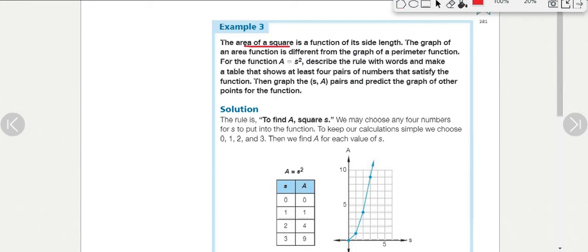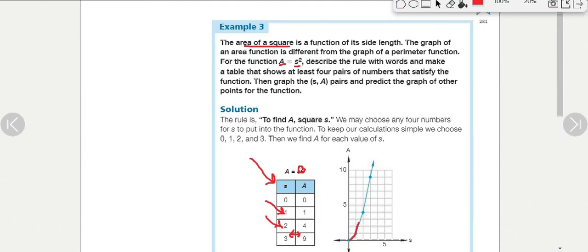Area of a square. Pretty much any formula, any area formula is a function. Area is side squared, right? The rule with words means that you take a side and you square it to find A. You can do a t-chart, right? If you do 0, then you're going to have 0 for an area. 1 is 1, but then it starts to really take off and the gap between numbers increases, it accelerates, because when you have a square, you usually don't end up with a straight line.